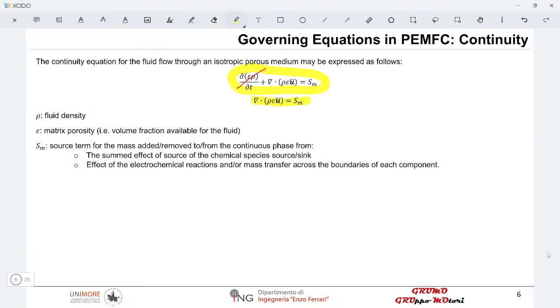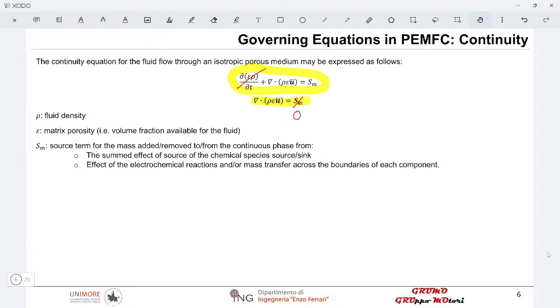Now, we already talked about epsilon. We have something new, especially for those of you who are familiar with this kind of equation. This S_M term, this source term for the mass. I'm quite sure that in all of the CFD problems that you have studied in your career, this S_M is 0, because this means mass conservation.